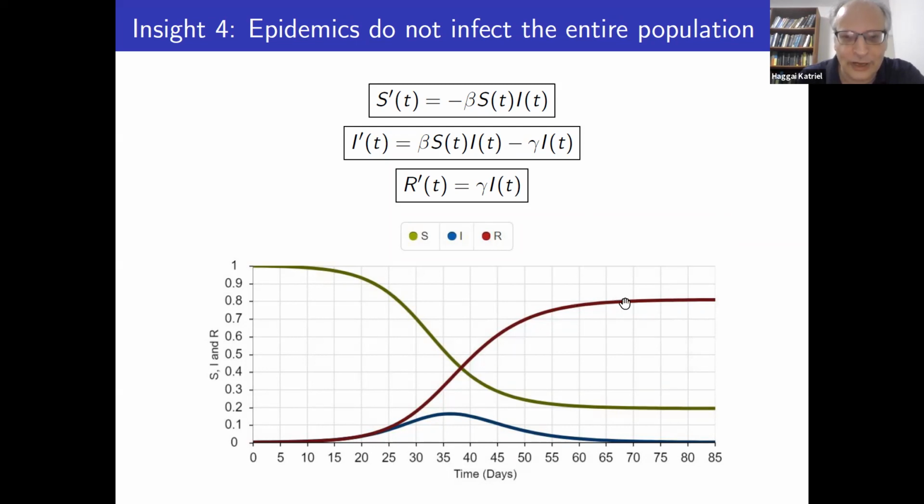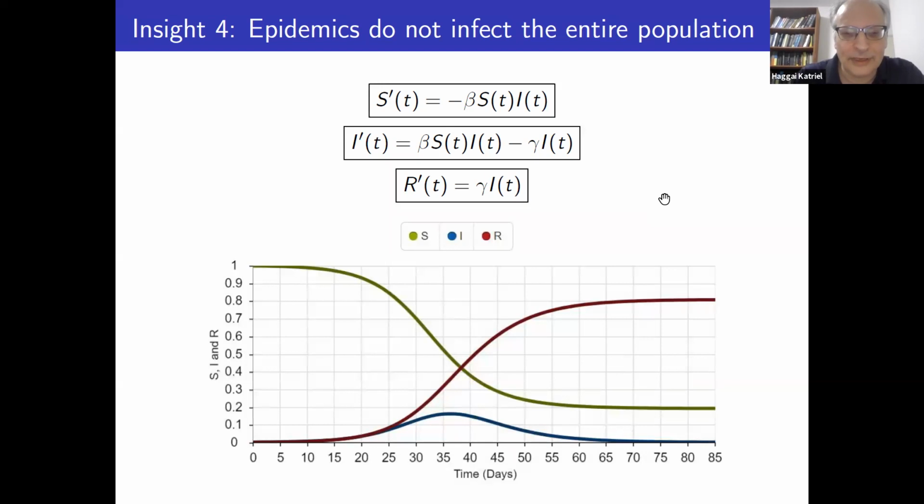So here you see the recovery. It doesn't go to 100%, it goes to about 80%. There were even some theories that the pathogen weakens when it passes from one person to another, and that's the reason it doesn't infect the whole population. But actually, when you go to the model, you see it comes out from the model.